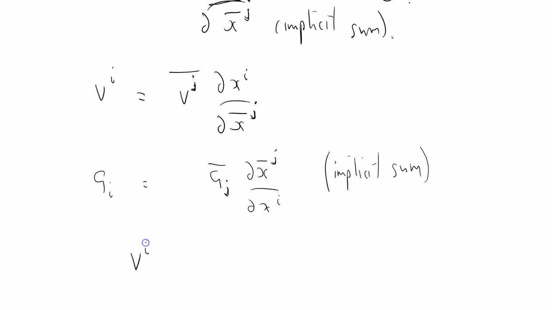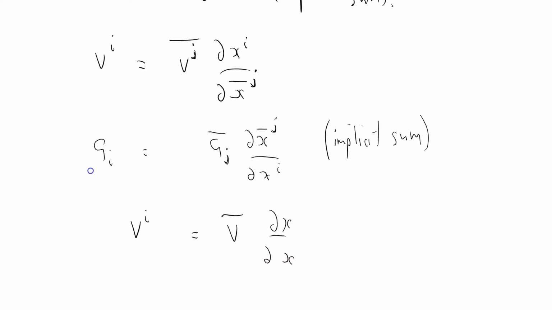I've got V^i equals V̄ something, which I'll fill in, ∂ something over ∂ x something. So how do I fill in the blanks? Well, it's got to be a superscript. We've got to maintain the position of the indices. So that's an i. That's got to be a j; it can't be an i because it's this complicated matrix multiplication.